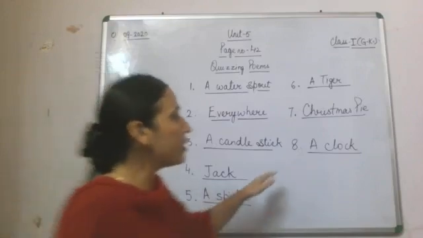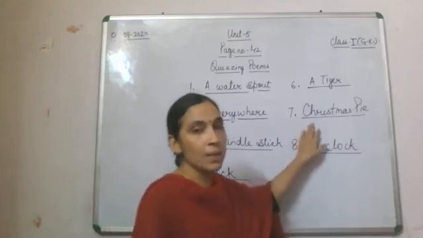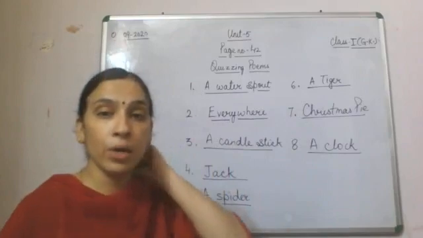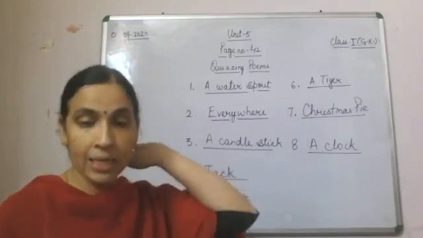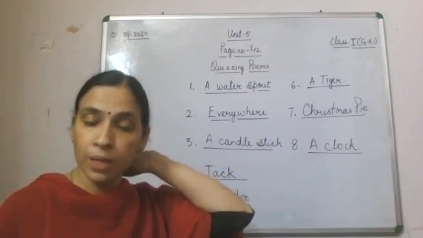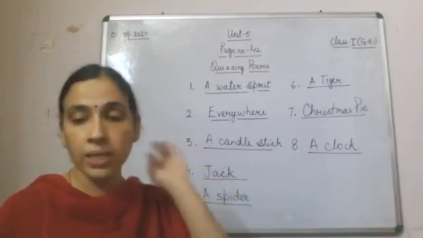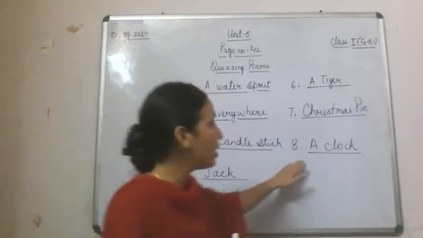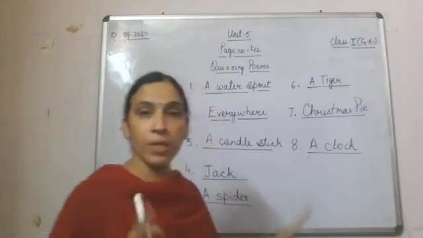Little Jack Horner was eating a Christmas pie. Christmas pie is a sweet dish which is often made on Christmas, and little Jack Horner was eating that Christmas pie in this poem. Now number 8. On what did the mouse run up and down? That is a clock. Run up and run down.